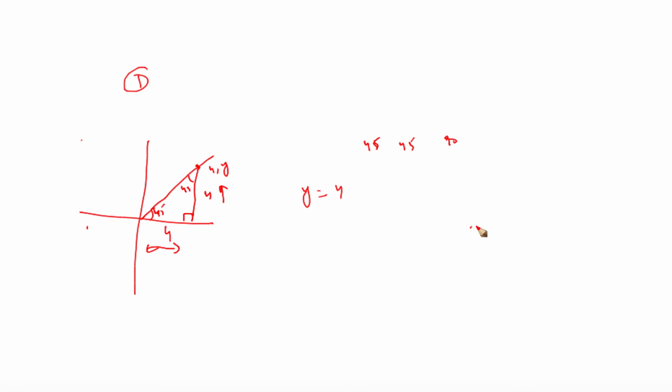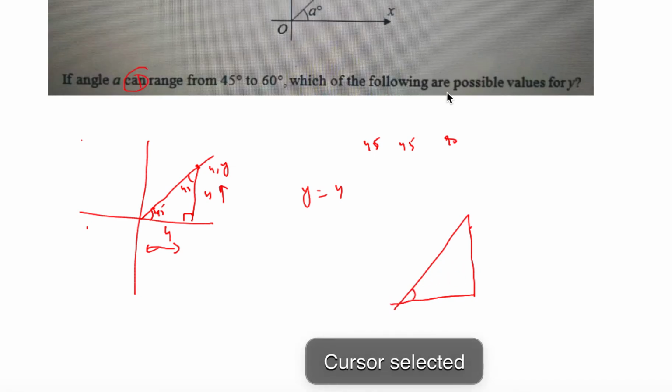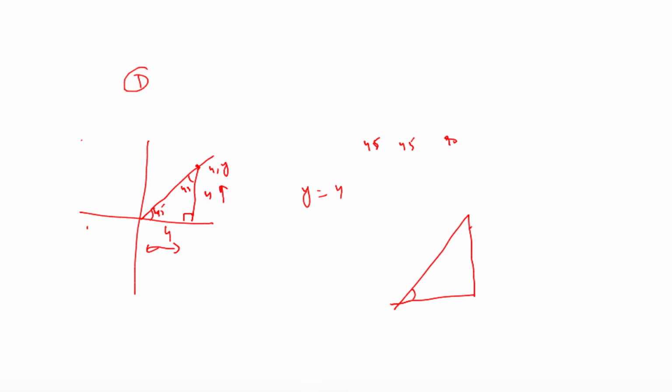The second case: I'm going back to the question, 45 to 60. If it is 60, this will be 30 and this one will be 90. So here we know this is 4.